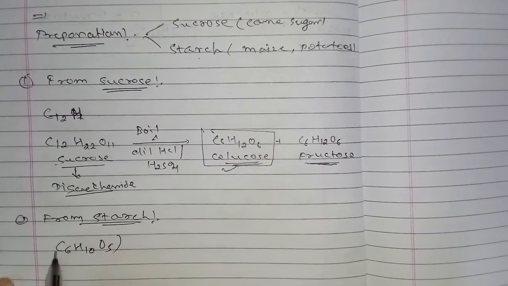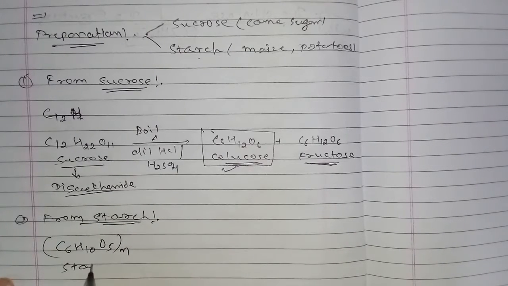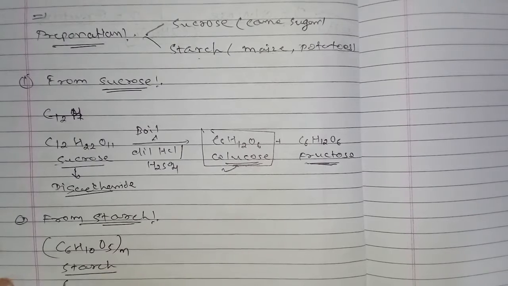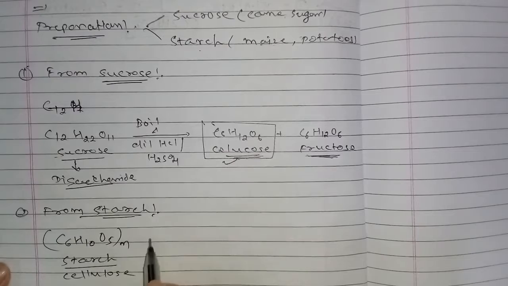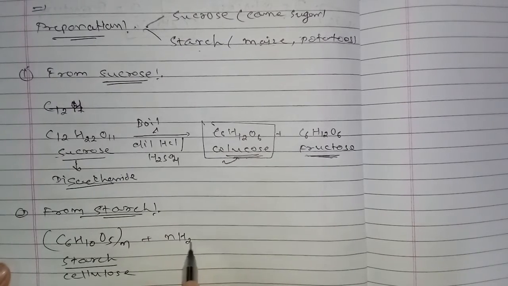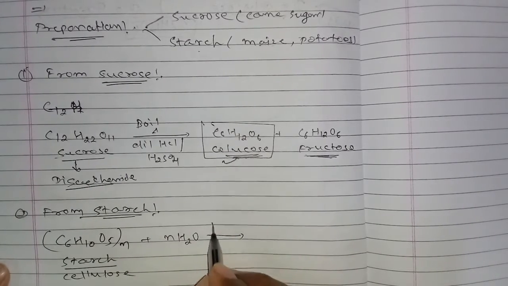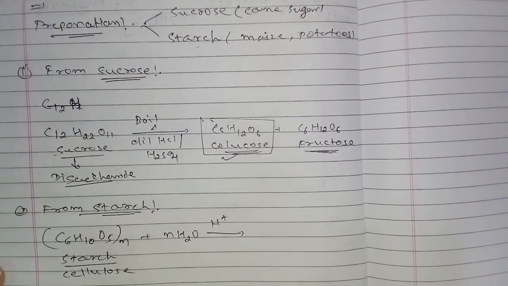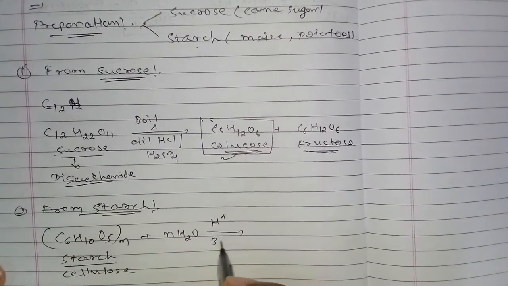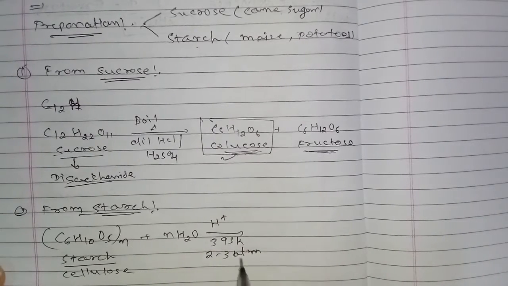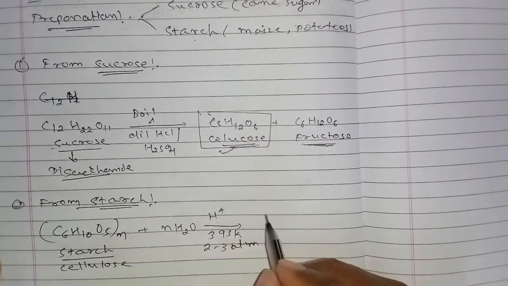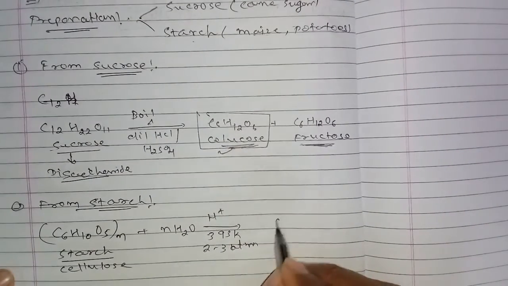C6H10O5 is the general structure of starch or cellulose, which on hydrolysis in presence of acid, boiling at 393 Kelvin temperature and 2 to 3 atmospheric pressure, glucose is obtained.